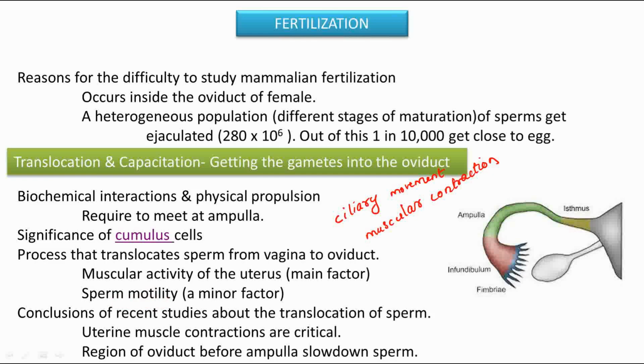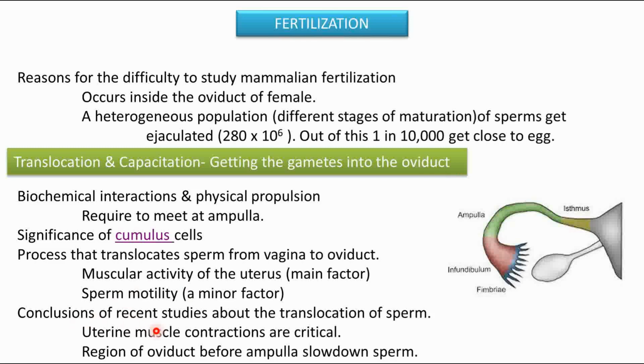But actually that is not the case. The main factor that helps the sperm meet the egg is the muscular activity of the uterus, and only a minor factor is the motility of the sperm.